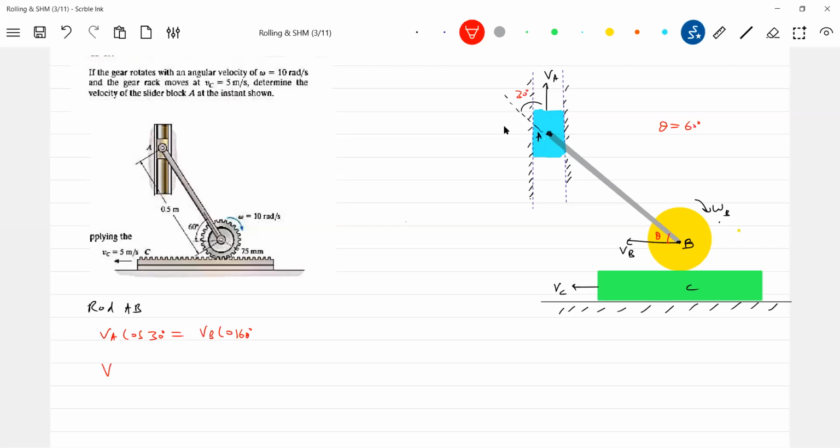Okay, there's one constraint equation: VA root 3 by 2 equals VB by 2. Keep it as equation 1. Any equation can be written further.